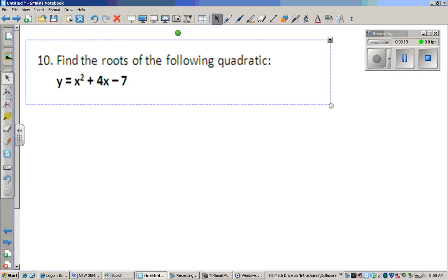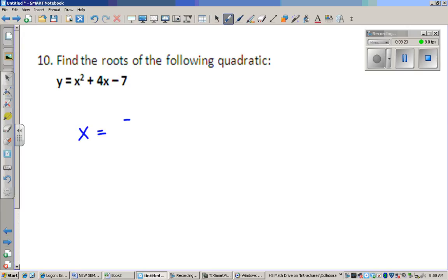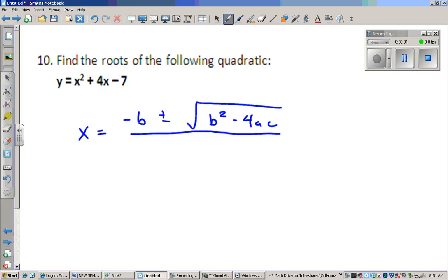So the quadratic formula is x equals negative b plus or minus the square root of b squared minus 4ac all over 2a. So for this problem, the a value is 1, right? a, b, c.